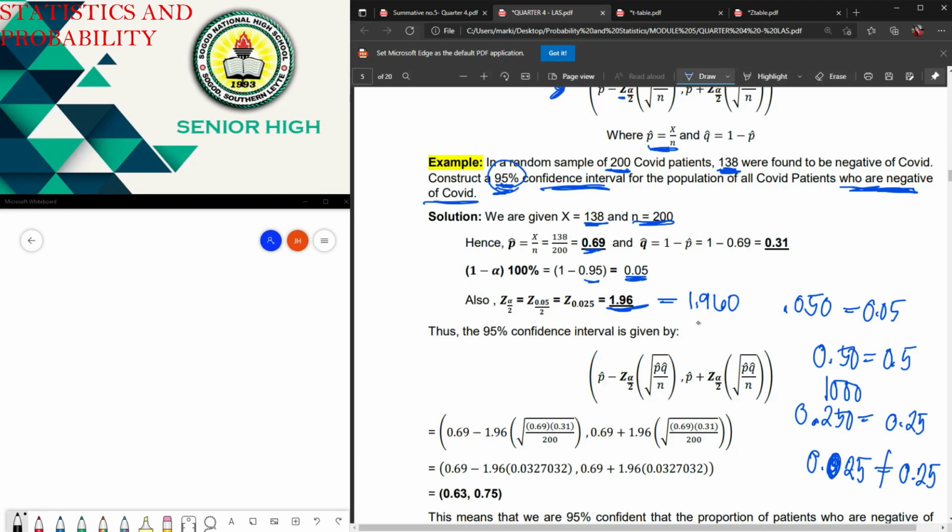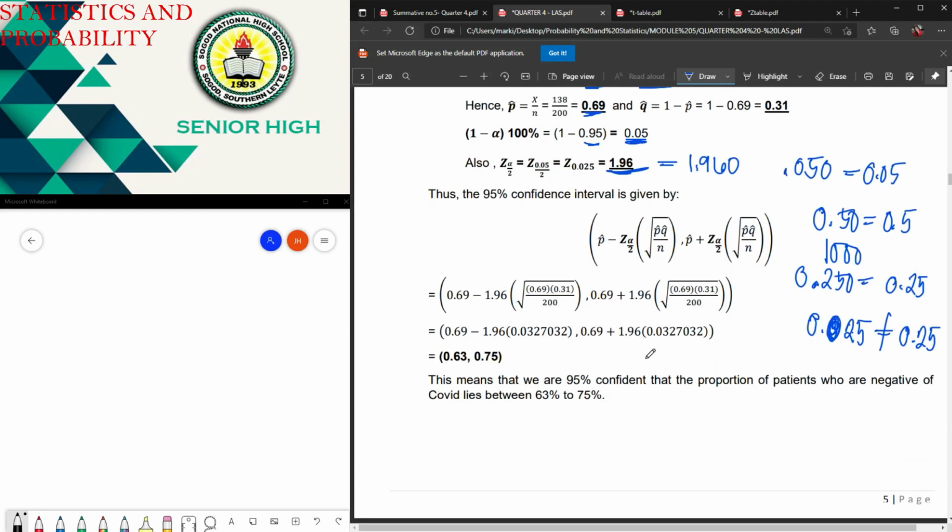So by this we have now completed. We can now substitute the P hat, which is 0.69, minus the Z alpha over 2, which is 1.96 or 1.960, multiplied by the square root of P hat times Q hat, so 0.69 and 0.31, over N, which is 200. Then you simplify, please.